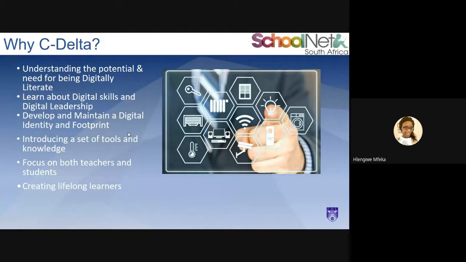So it's important to begin now if you haven't started. But if you already started, how do you maintain a healthy digital identity or digital footprint?